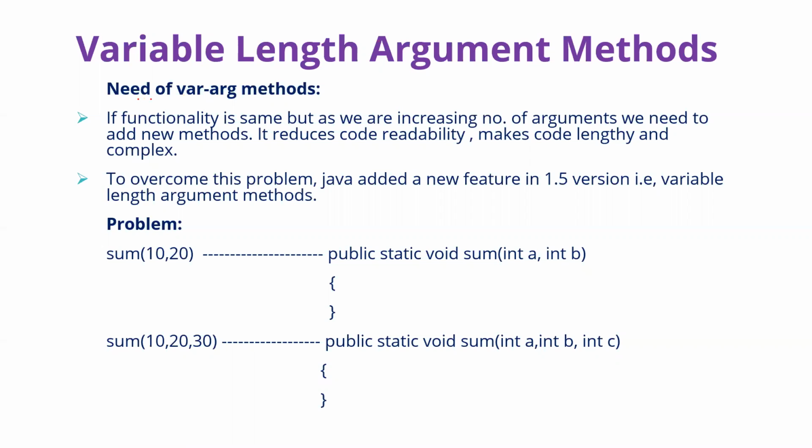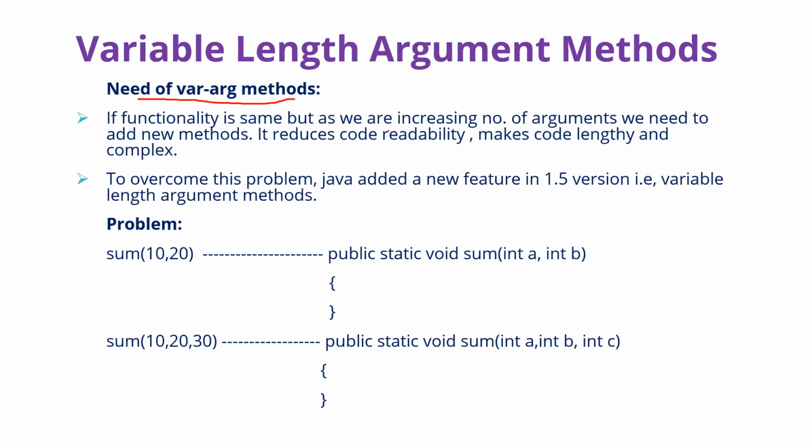What is the need of variable length argument methods? If we want to implement some functionality and, due to a change in the argument list, we are facing a problem writing multiple methods, to avoid such problems we go for variable length argument methods.